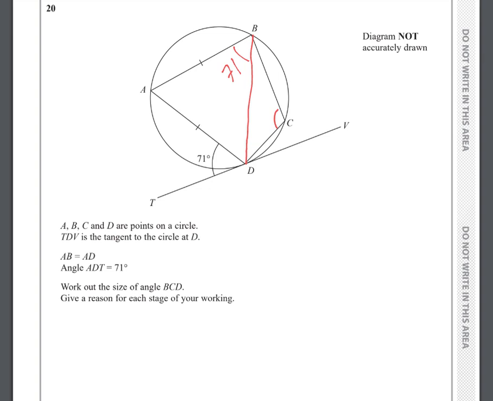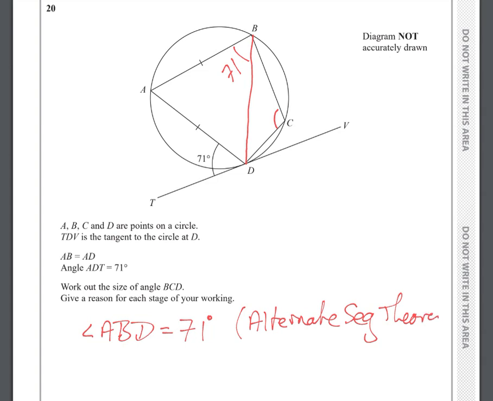So we're going to say that angle ABD equals 71 degrees by the alternate segment theorem. And then that means this is 71.